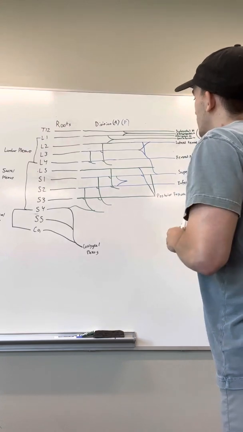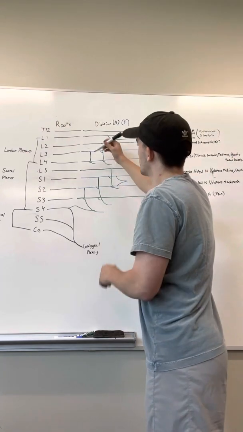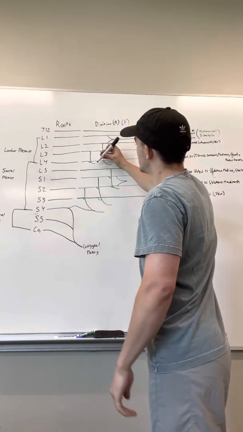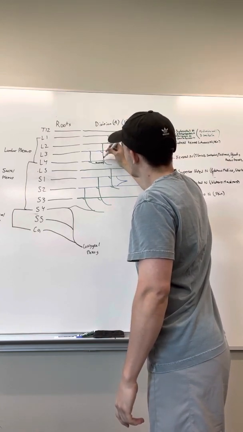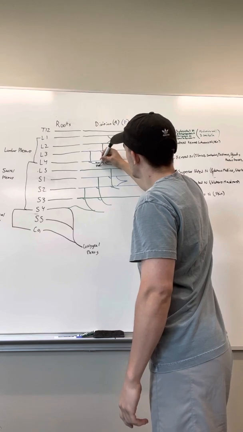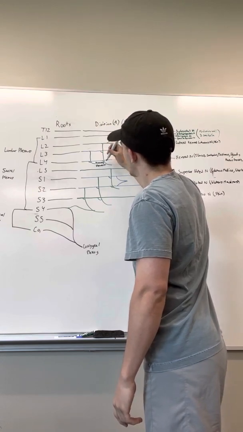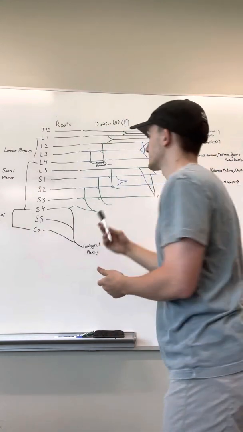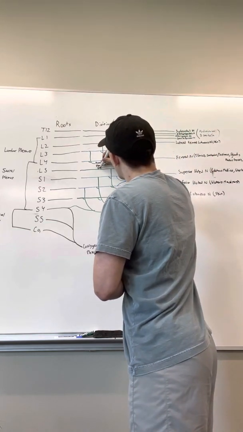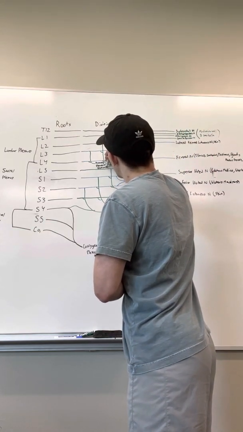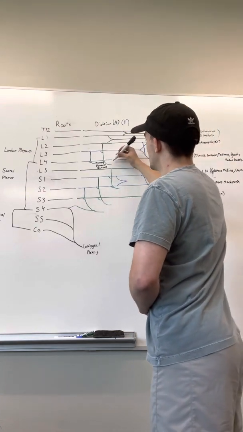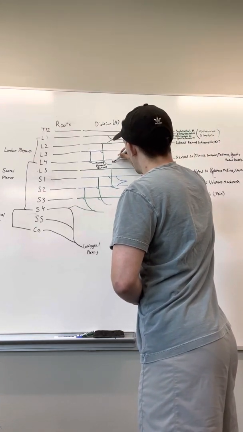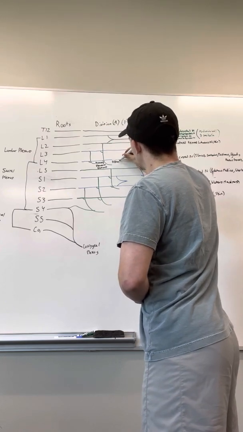We'll start with over here, from L3 to L4. This is the accessory obturator nerve. This innervates the pectineus. This one right here, from L2 to L4, this is the obturator nerve.